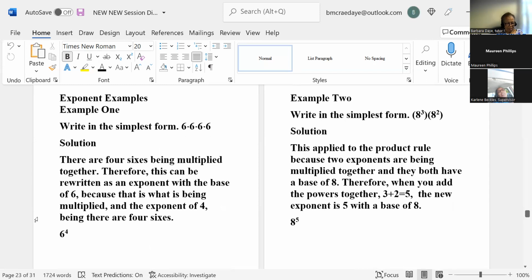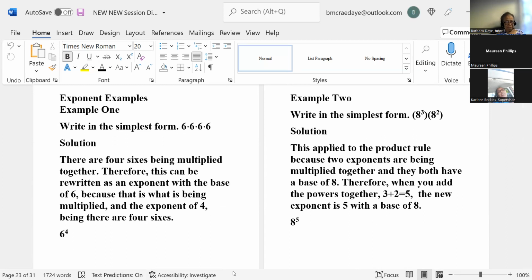So it would be 6 to the power of 4. Yes, because you're multiplying it by itself 4 times. So the power would be to the 4th power, 6 to the 4th.